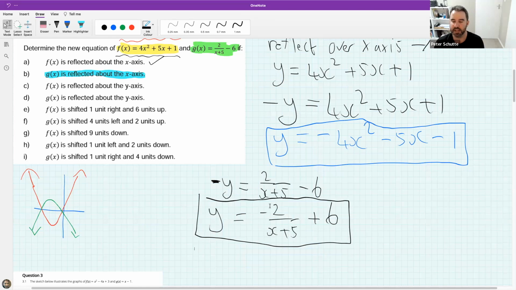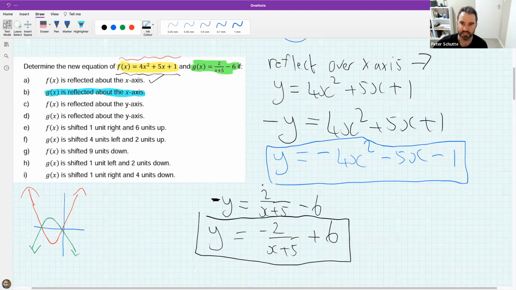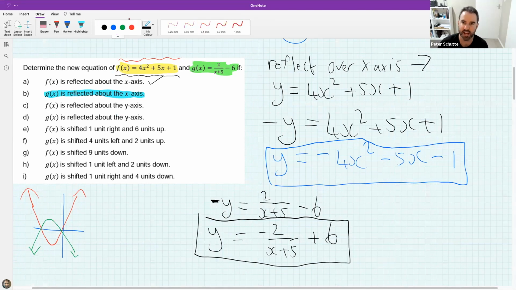Okay. So before we move on to some more questions, I want you to just have a look at this little fun drawing I did down here. What I'm showing you is the very first thing that we did when we were reflecting today, when we looked at y equals 4x squared plus 5x plus 1, approximately. That would be this red graph over here. You can see this is a happy parabola.